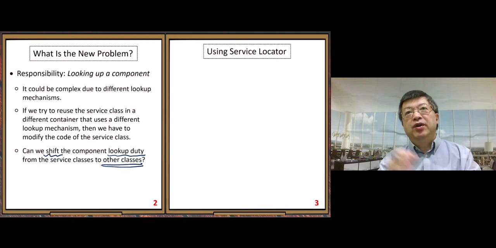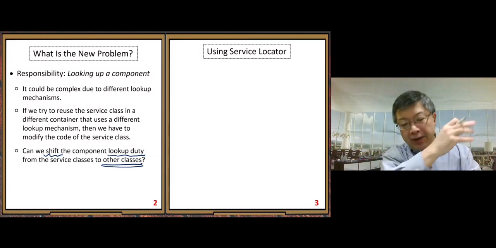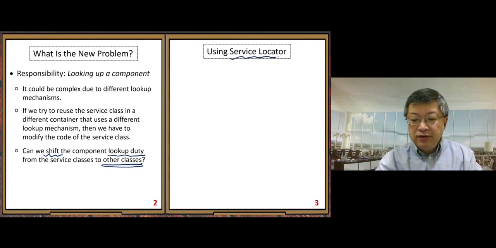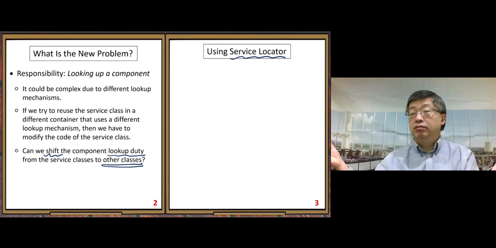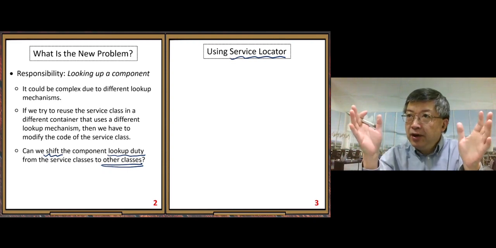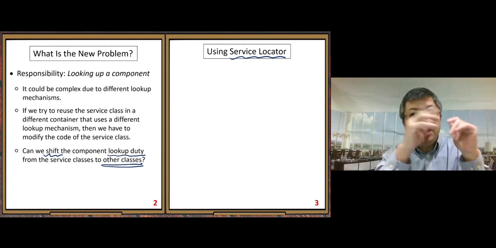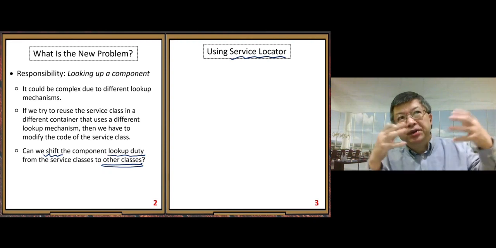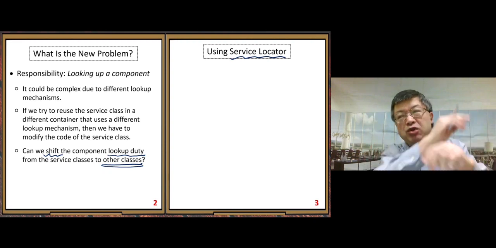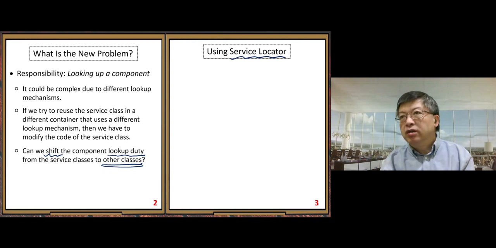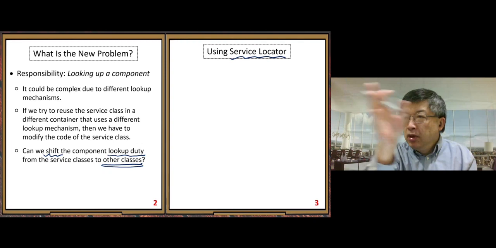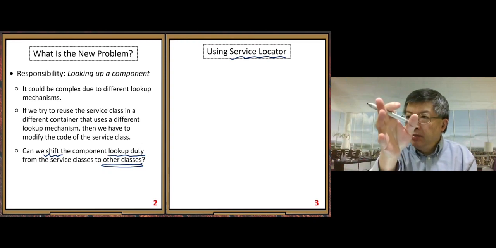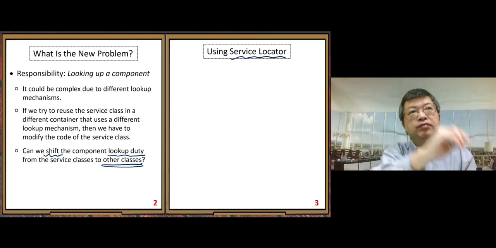For this reason, we use the design pattern service locator. It is a very simple design pattern. It's called a service locator. It is a special Java class that can do this kind of special work: the component lookup duty.